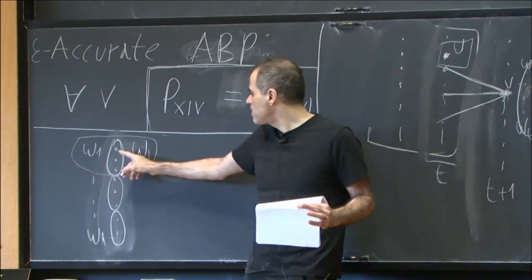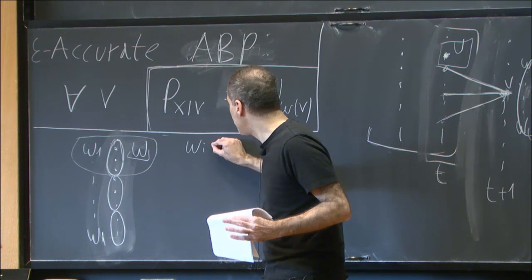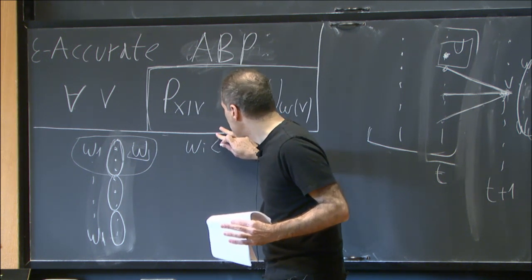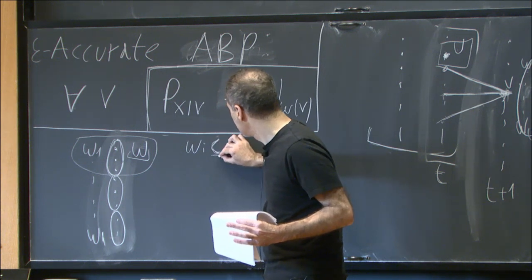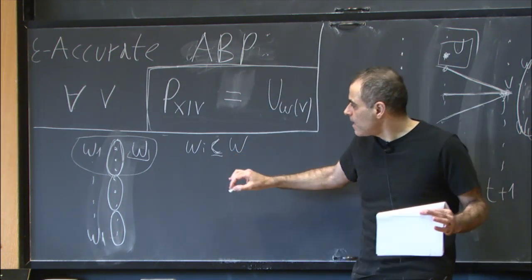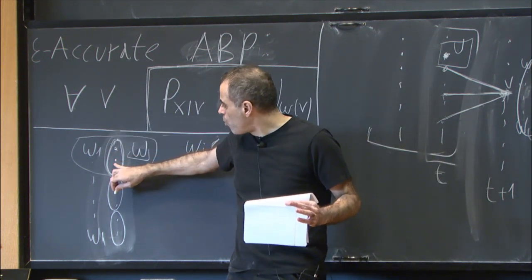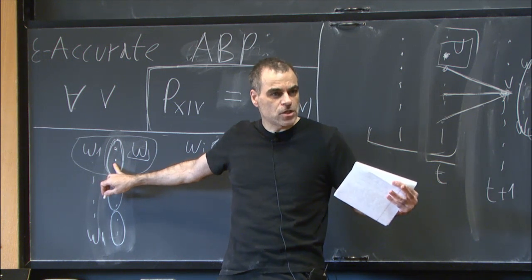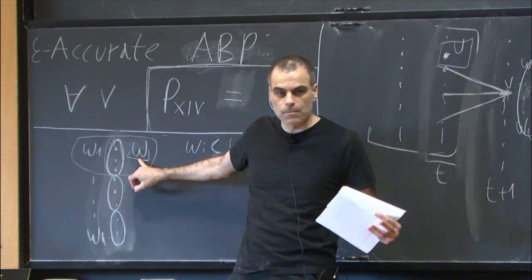The first is that each Wi in this set is contained in the subspace W. And the second is that if you take the weighted linear combination of the uniform distribution over all of these, you get roughly UW.